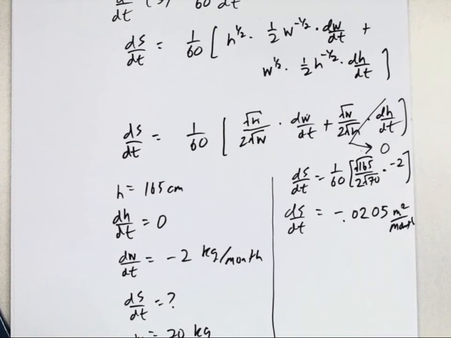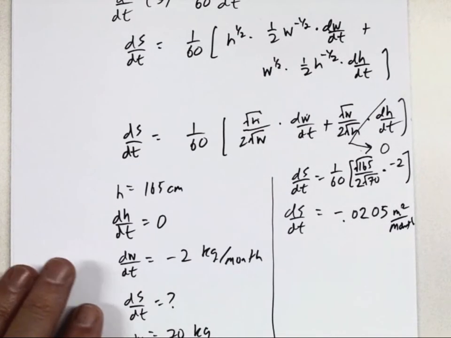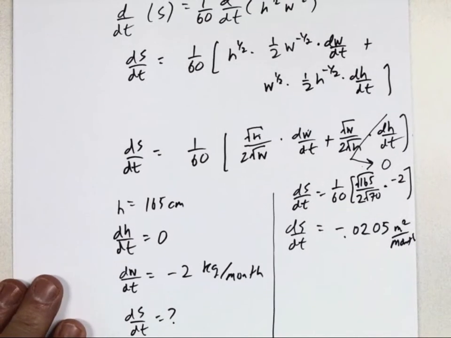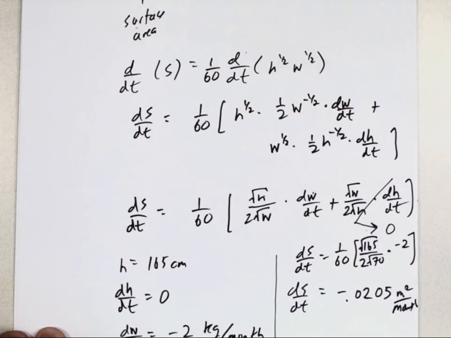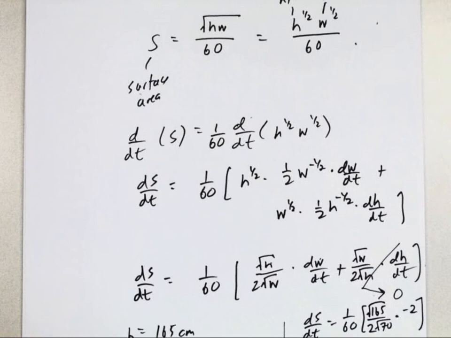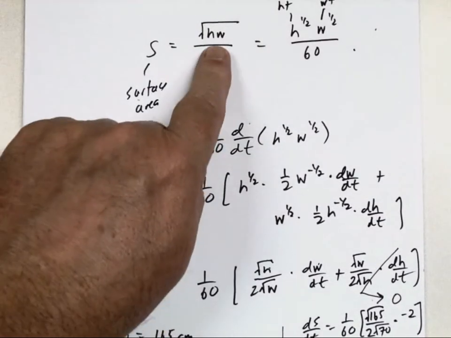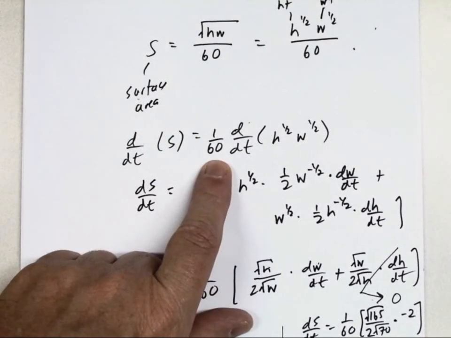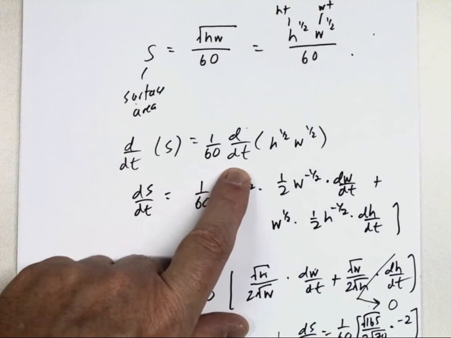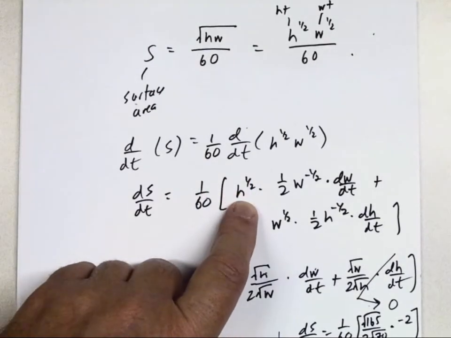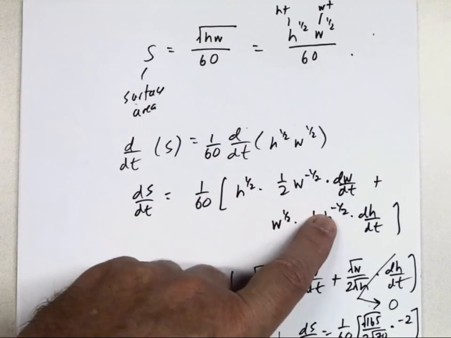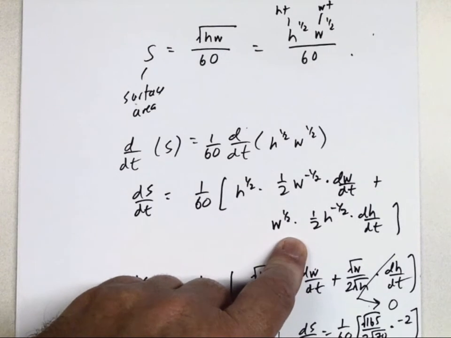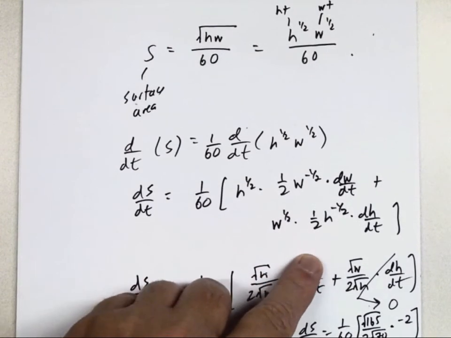I also want to make sure about my calculation. Once again, these problems can be not hard, but just a lot of stuff going on. So here's this product rule. 1/2 times the dw dt plus the dh dt.